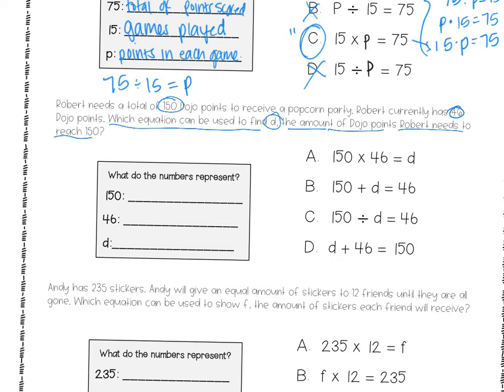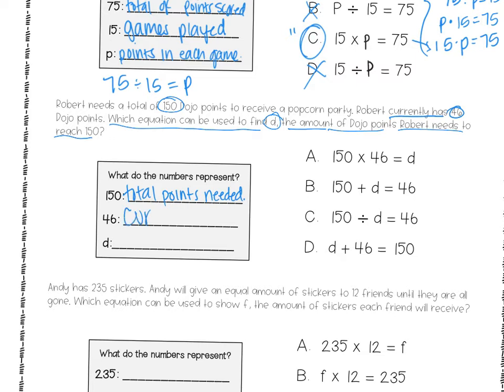So let's talk about what each number represents. 150 represents the amount of dojo points Robert needs to get his popcorn party. So that's his total points needed. The number 46 represents how many he currently has.